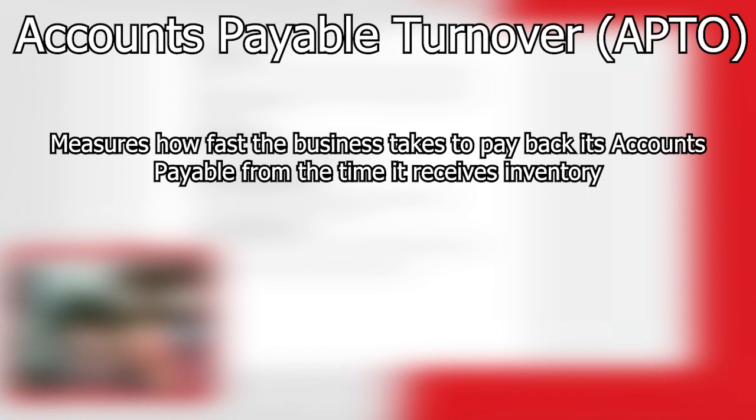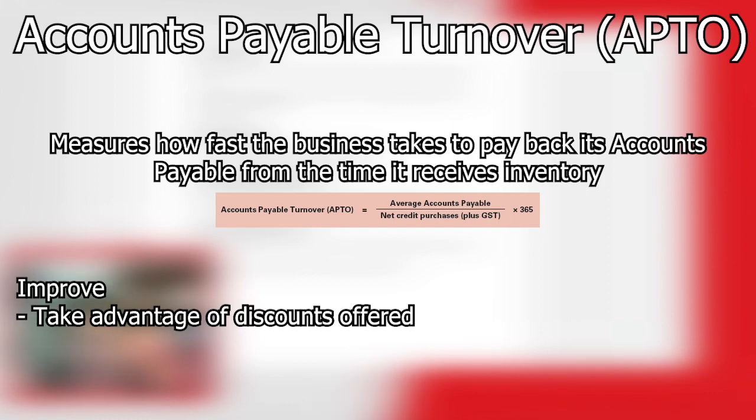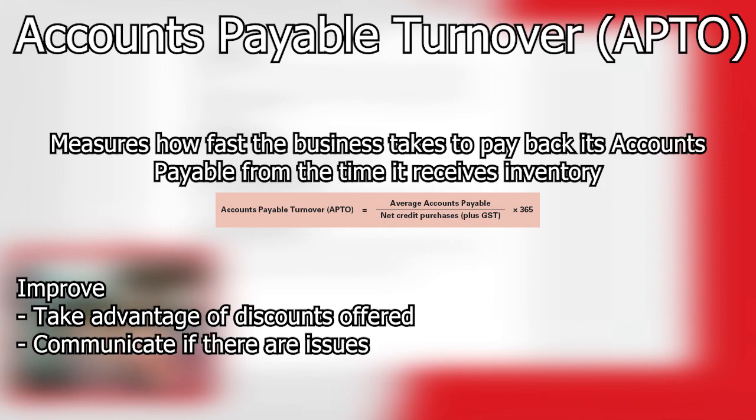And this is measured through our average accounts payable over net credit purchases plus GST times 365, with your answer being in days. And we always round up to the nearest day because likewise you want to go up. So how do we improve this? Always take advantage of discounts offered, clear communication, positive relationships.